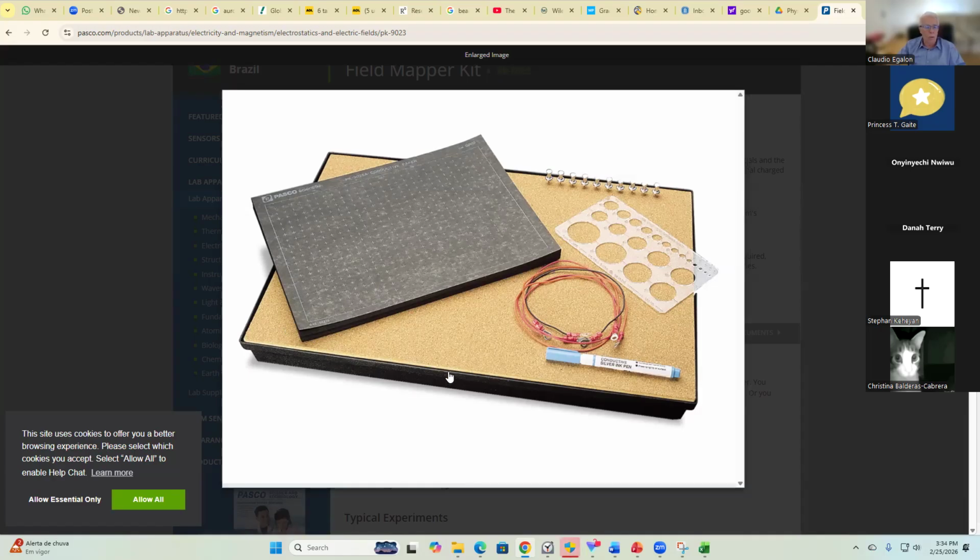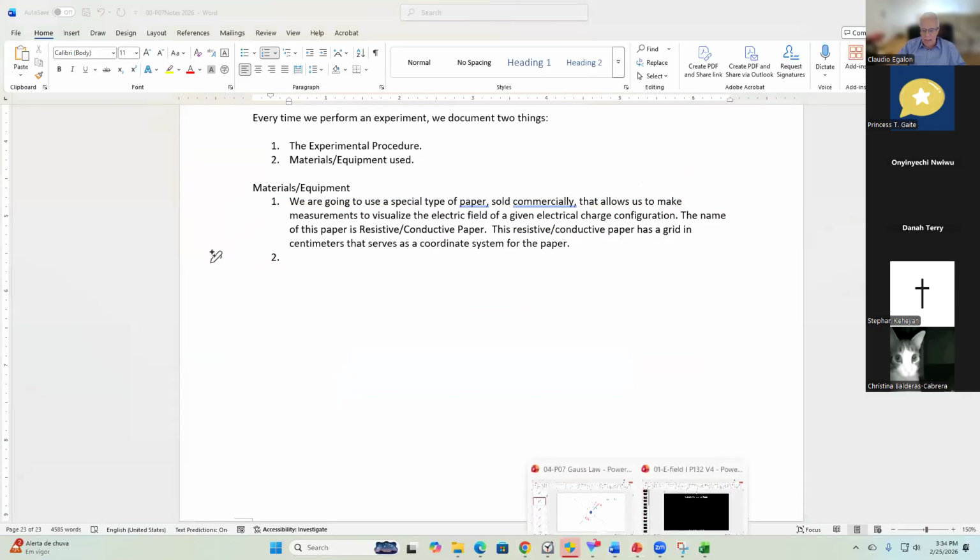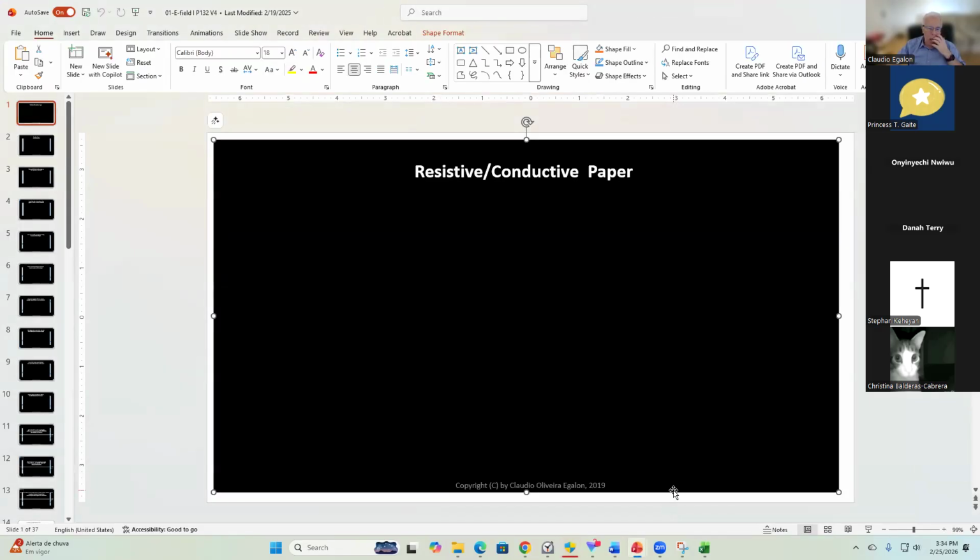Recall that when we are playing with physics, you will always need to put a coordinate system in there. And that's the paper that I'm talking about, right in here, my first slide.